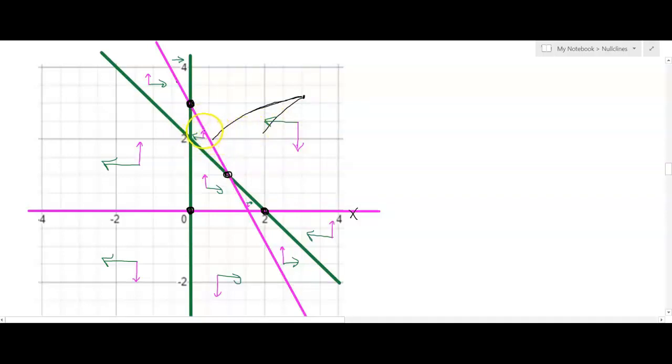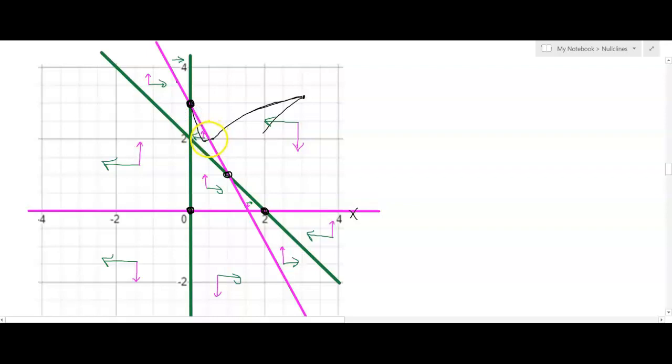But whenever you jump over this pink nullcline, the vectors have an upward facing component, but to the right they have a downward facing component. So because dy dt is 0 all the way along this, but dx dt is positive, this point can pass inside of this region, and now we're limited to behavior that is up and to the left. So one thing that could happen is that point can go into that equilibrium.